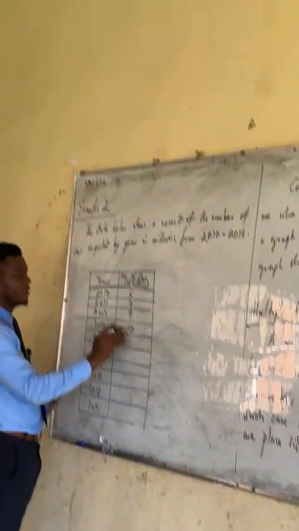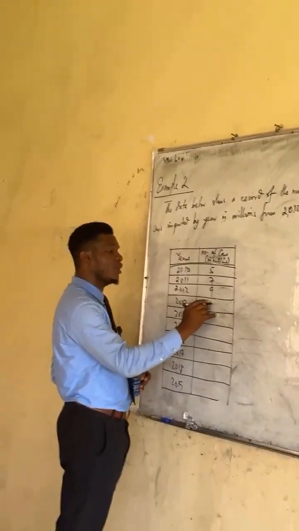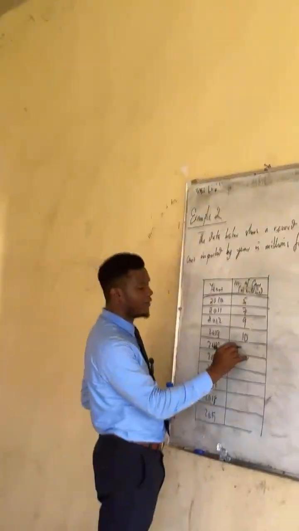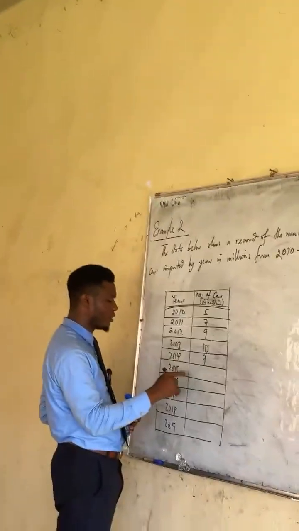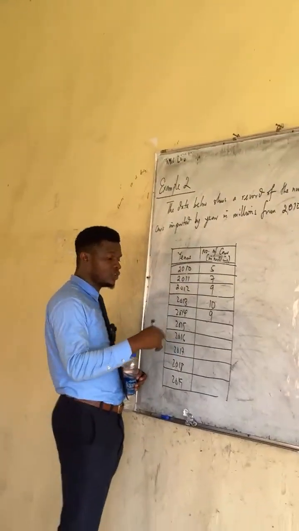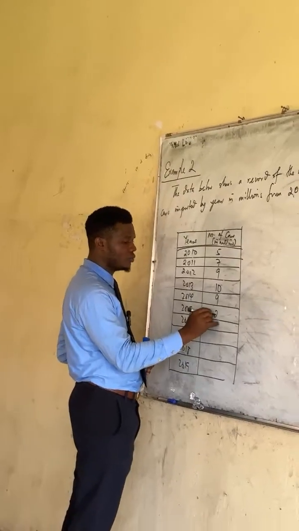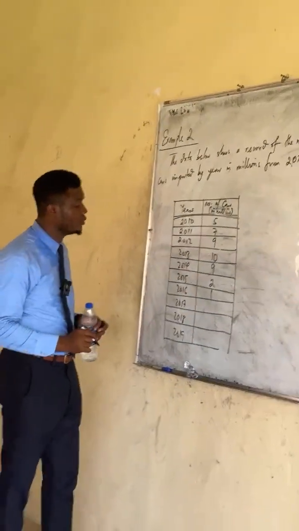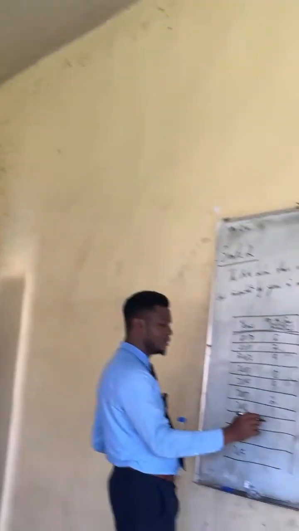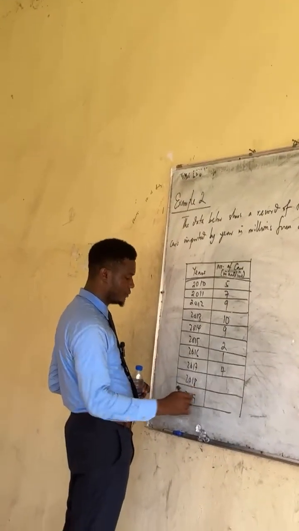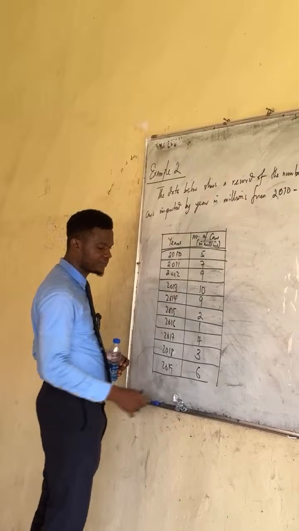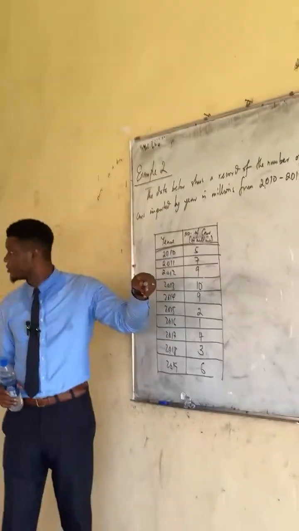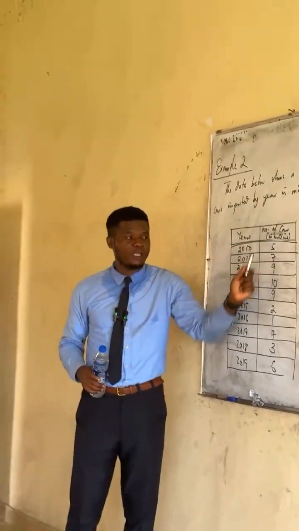So tell me, because that's when things changed. Okay, so it rose. Let's say things were not too favorable in that year. 2014, it became 9 again. 2015, it became 2. It became 1 in 2016. Then it rose to, let's say, 4. This is 3 and this is 6. Let's assume. So each of them here, because the data is in millions, represent what? 5 million, 7 million, 9 million.